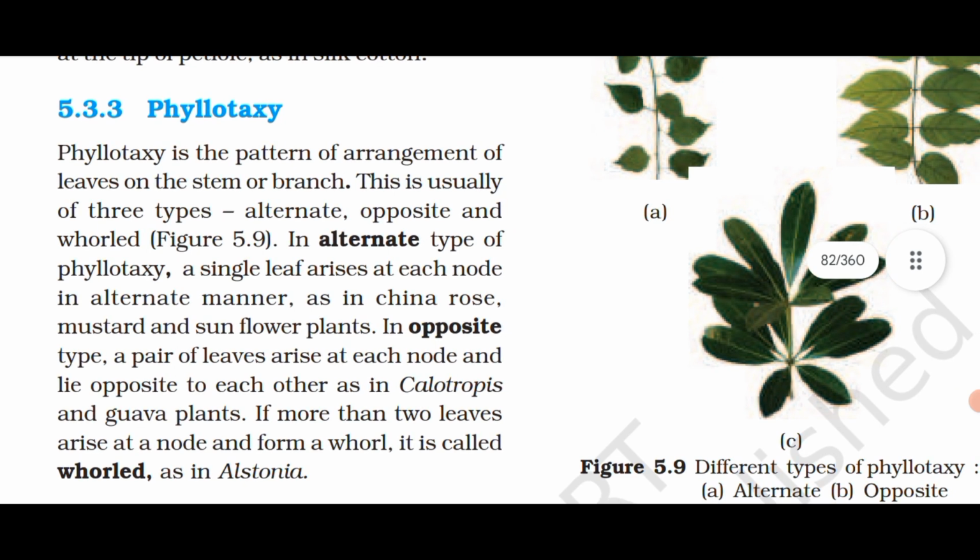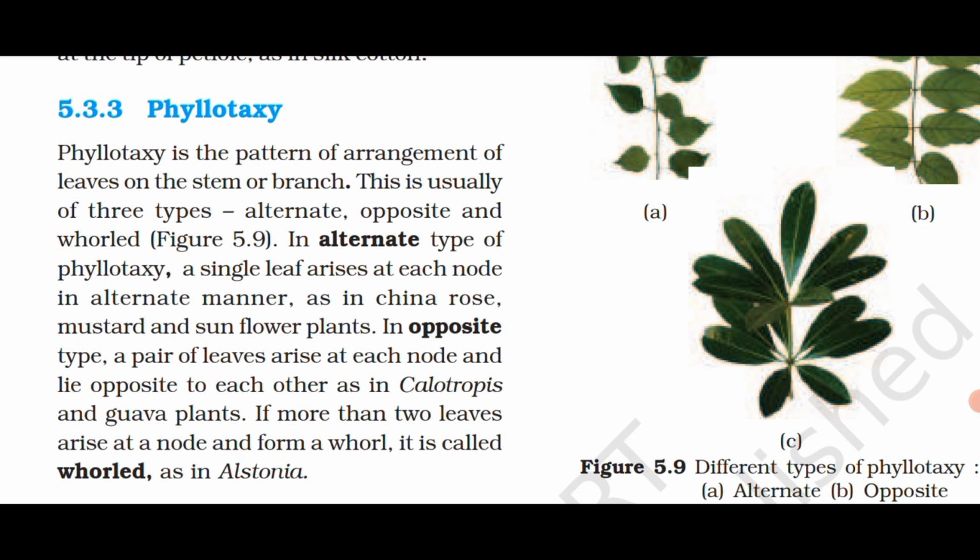5.3.3 Phyllotaxy. Phyllotaxy is the pattern of arrangement of leaves on the stem or branch. This is usually of three types: alternate, opposite, and whorled. In the alternate type of phyllotaxy, a single leaf arises at each node in an alternate manner, as in China rose, mustard, and sunflower plants.